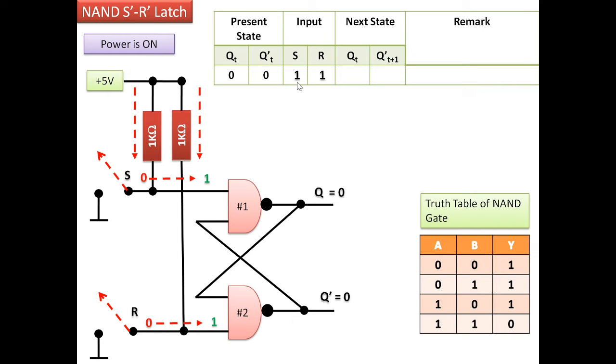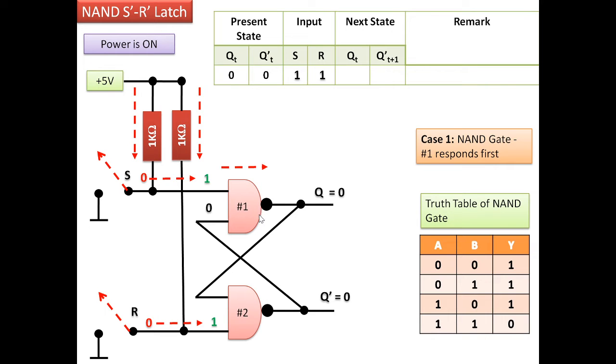So with 1 1 at S and R, there may be two situations, that is if NAND gate 1 responds first, then what will happen? Let us assume that this NAND gate is working first.